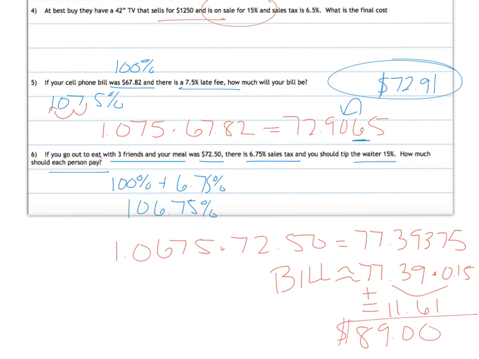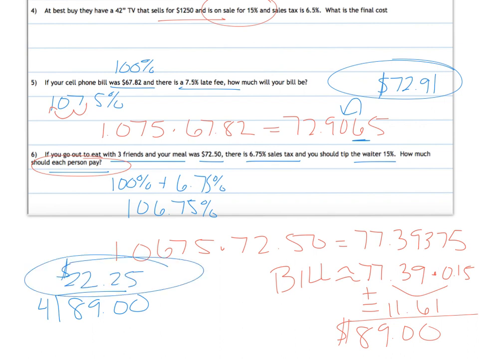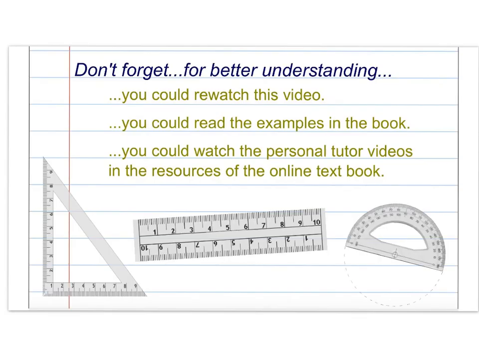But the question is, how much does each person pay? So what I have to do with that 89 is divide that by 4, because 4 people are splitting the bill. And when I do that, I find out that each person is paying $22.25 for their portion.